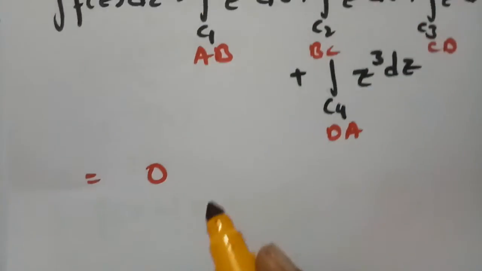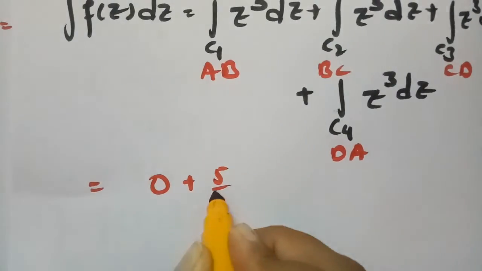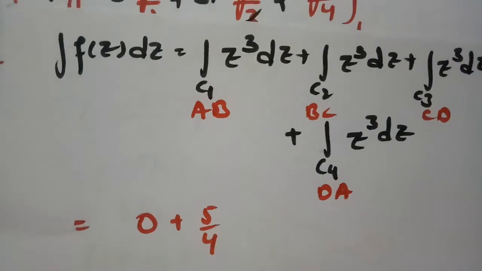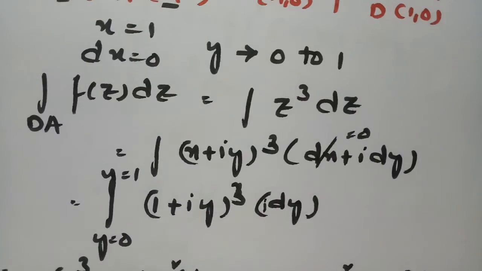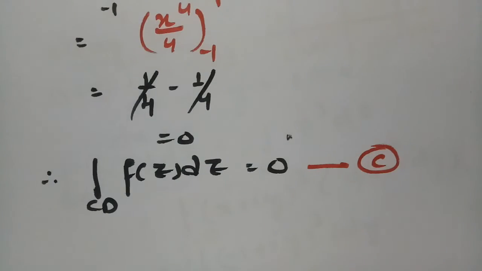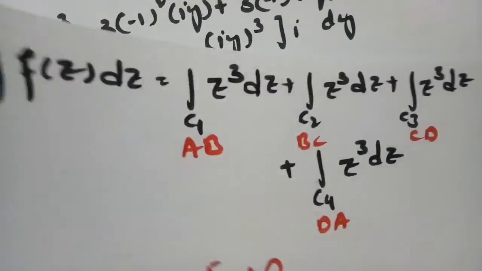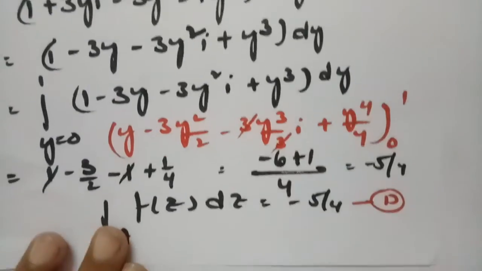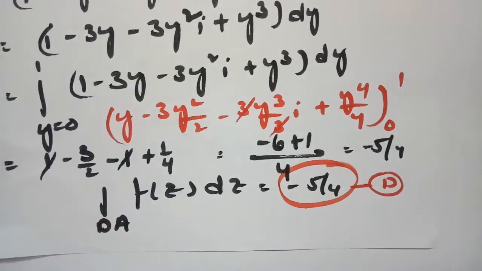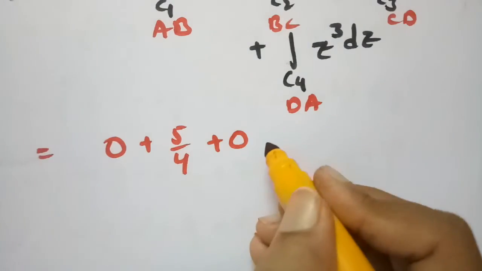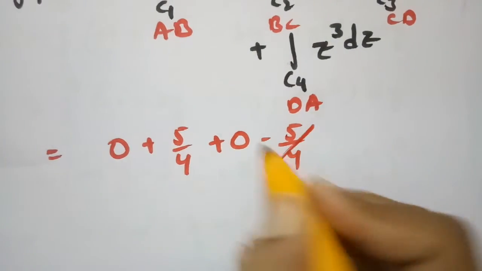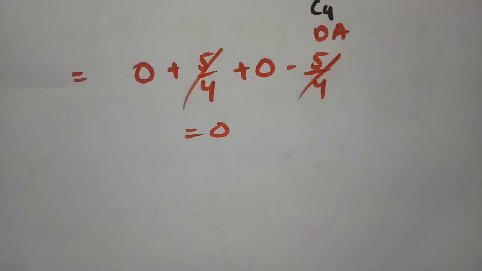Just I'll place the value as 5 by 4, and along CD, the CD value is again 0. And along DA, just now I have shown you, this is minus 5 by 4. So if I cancel, this is 0.